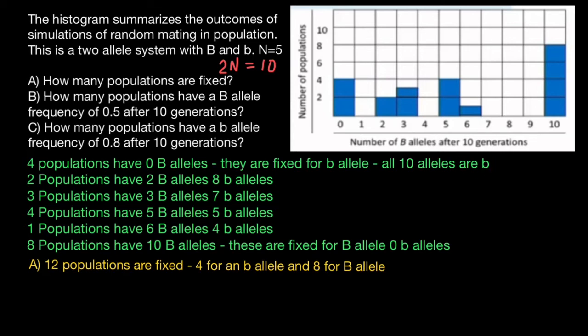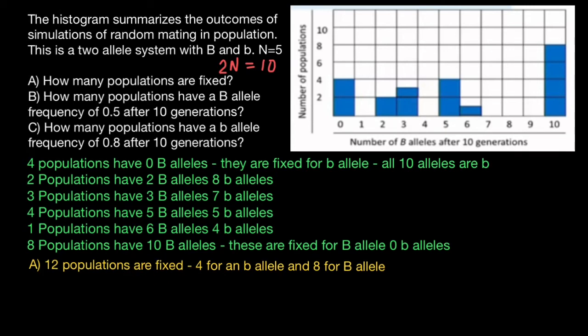So this is going to be this part of our answer, but we also have, take a look, this bar, which stands for the 8 populations where all 10 alleles are going to be dominant allele B. 8 such populations. So we have 8 populations which are fixed for the dominant allele B. So 4 plus 8 would be 12 populations which are fixed.